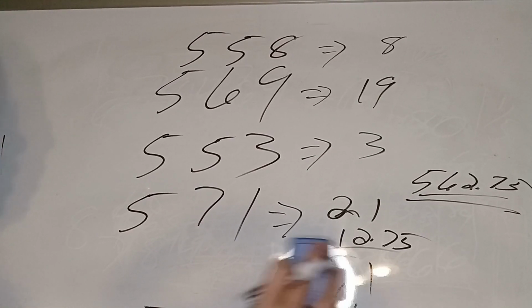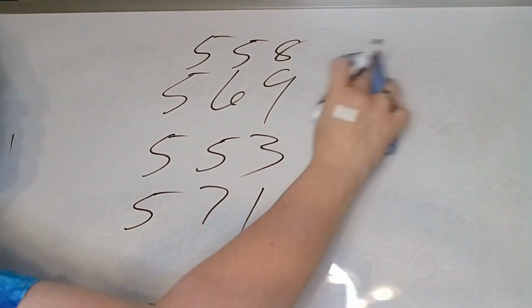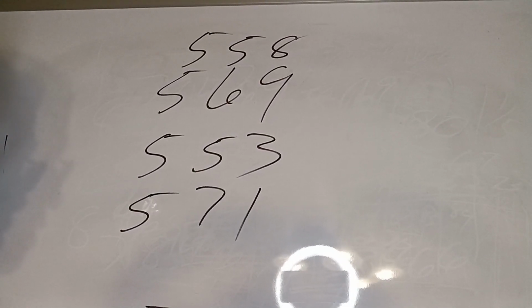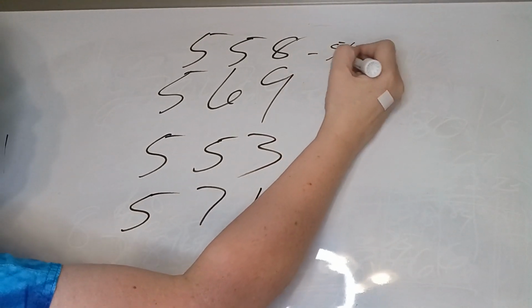All right, another way to do this would be to pick a number that is kind of in the middle to take out. Let's take out 560. Okay, if we do that, we're going to subtract 560 from everything.